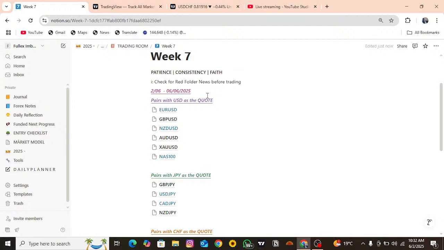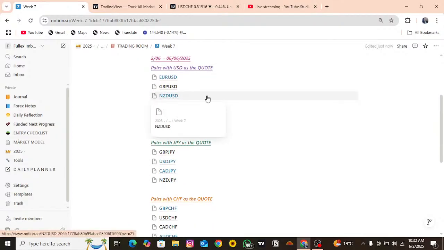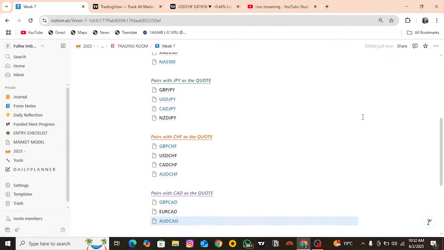The rest just serve as part of my confluence. But I analyze all of them. Same applies to the JPYs. I mostly do only UJ and CJ, but I always analyze all of them.